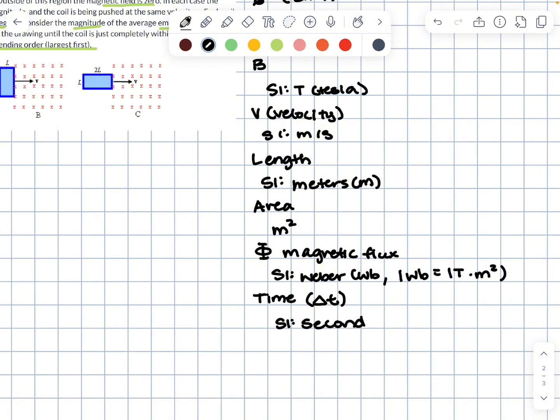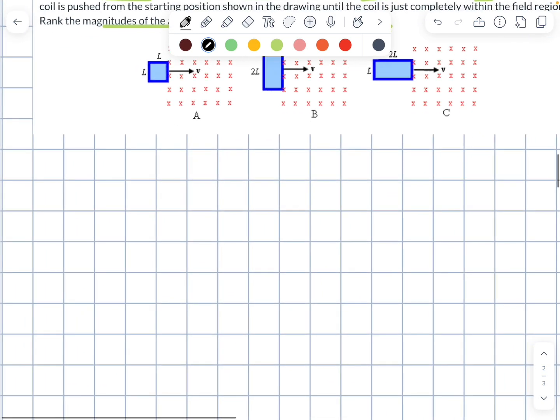Okay. All right. So the formulas that are important to us in this problem are going to be the law of induction, which is our average EMF equals the change in flux over the change in time. And since each coil starts outside of the field, which we can see in our images, then that means our initial flux is going to be 0.